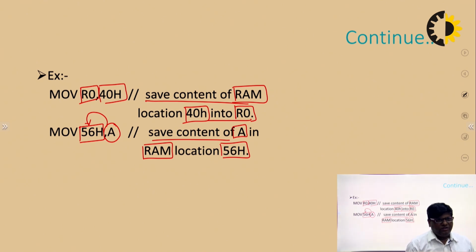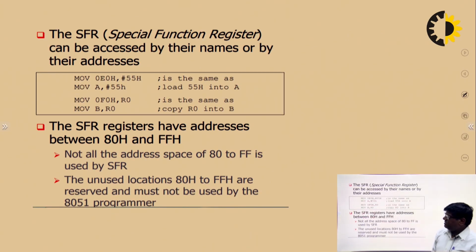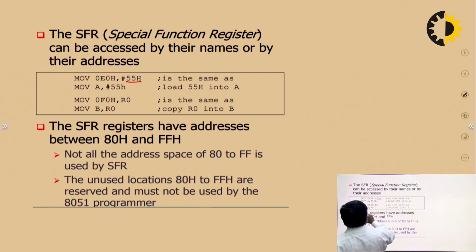So, that is one major point in direct addressing mode: the big role played by the RAM, or the memory. Now, these are some more examples of the direct addressing mode. From this register, the content is moved to this memory location.